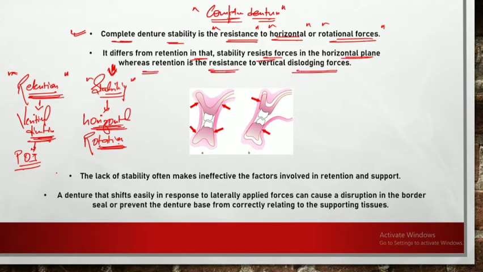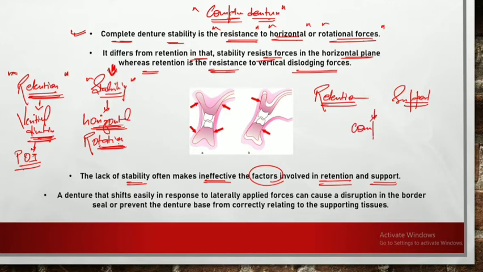Now next, the lack of stability often makes ineffective the factors involved in retention as well as support. All the factors involved in retention as well as support of the complete denture prosthesis are going to get compromised if the stability is compromised, right?